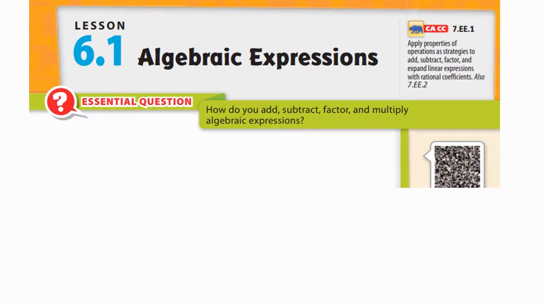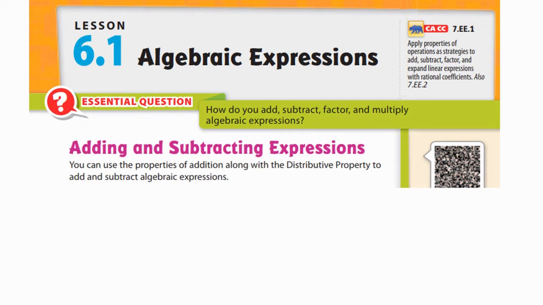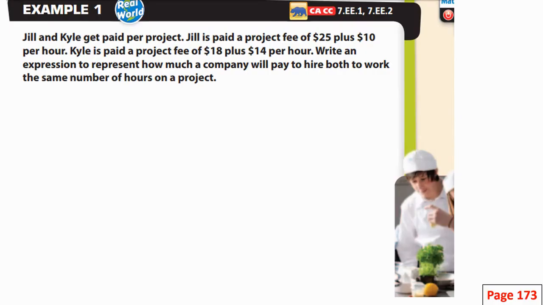So we are going to be working on adding and subtracting expressions. And we do this to simplify the expression. Now, we can use a variety of strategies, but in this example, I'll show you how we're going to organize these expressions.